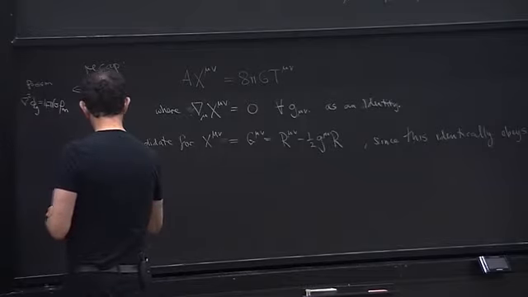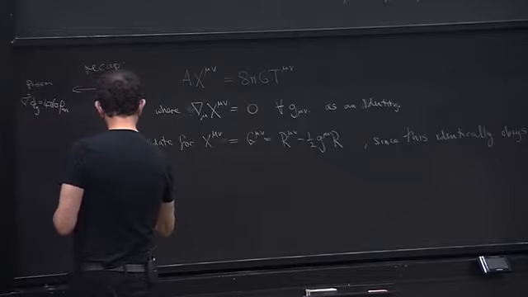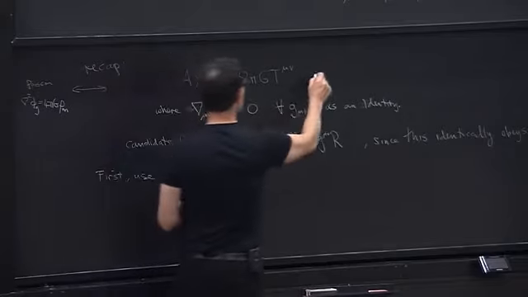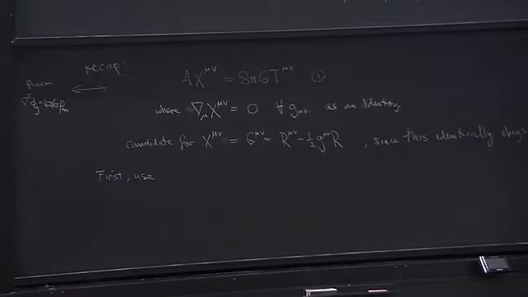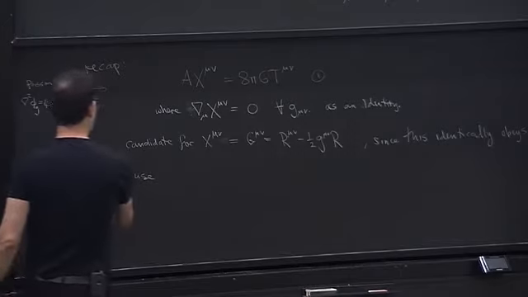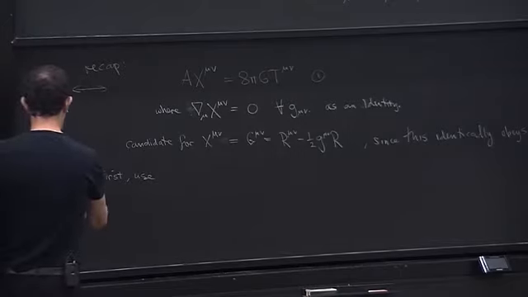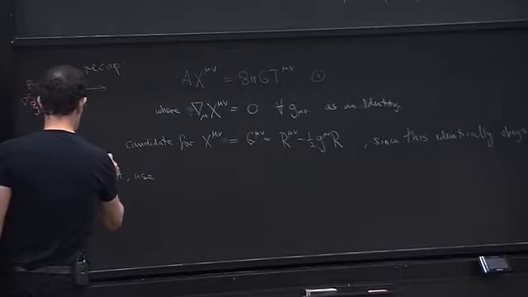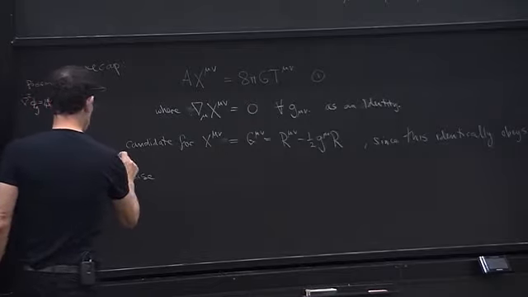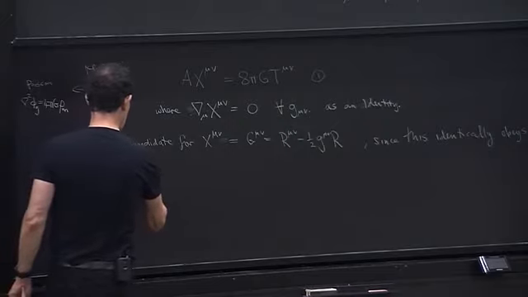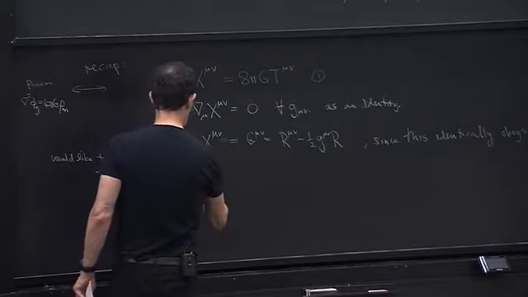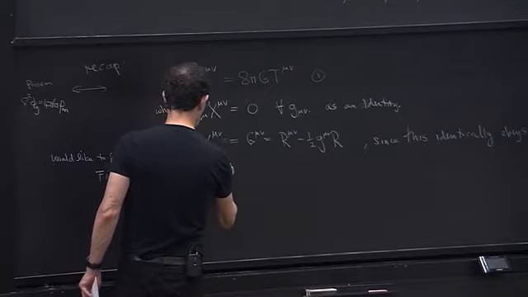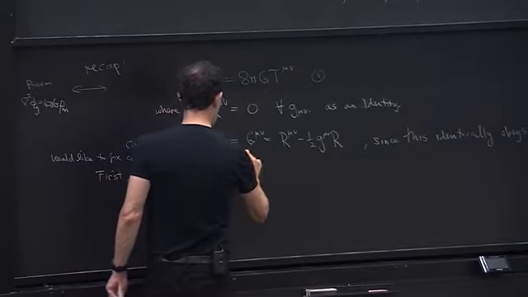Okay, so first of all, this is the equation we want to use to determine the constant. So we would like to fix the constant A by comparing with the Newtonian limit.